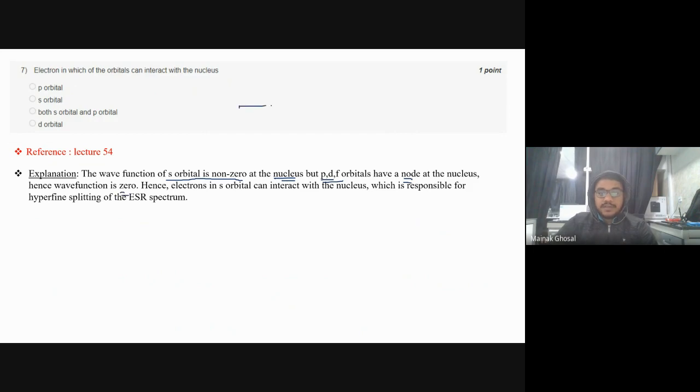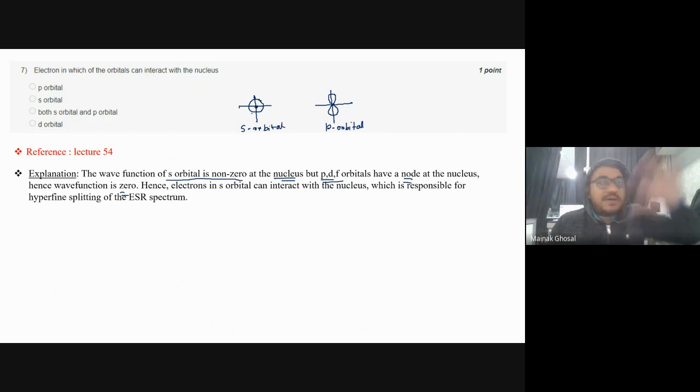So for basic clarity, I'm just drawing. This is s orbital, right? Now I'm going to draw some p orbital. This is p orbital. Since this is s orbital, you can see in this area the wave function for s orbital is non-zero. But in this area of the p orbital, it is 0.